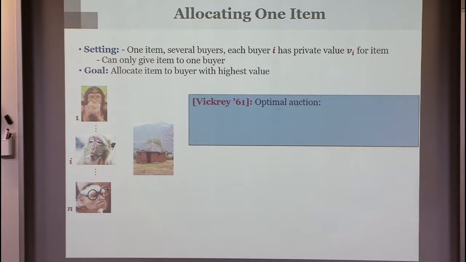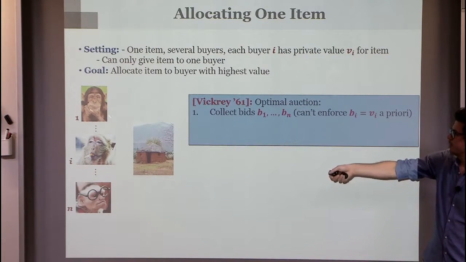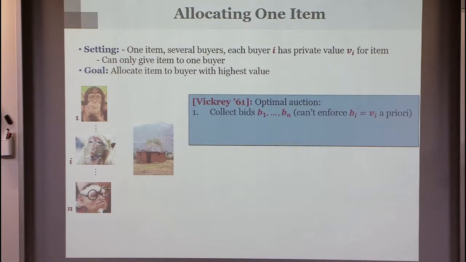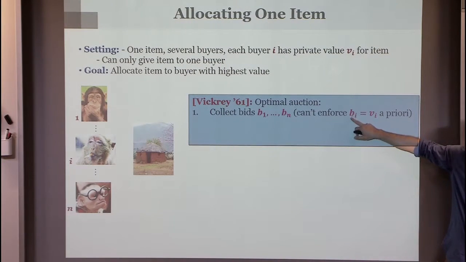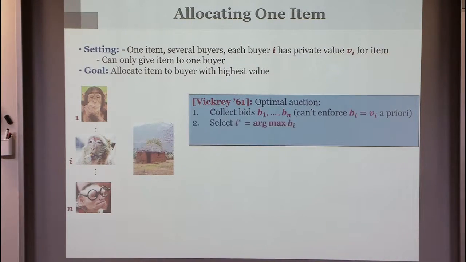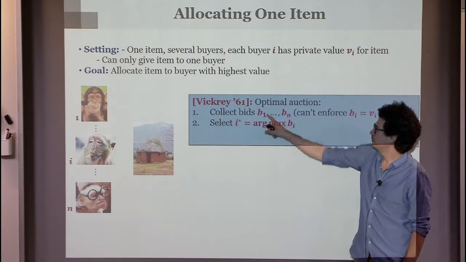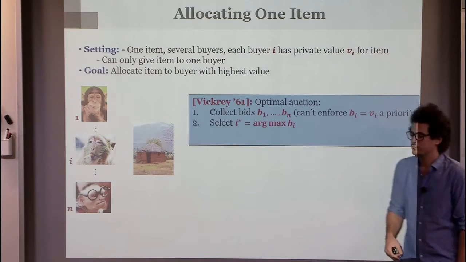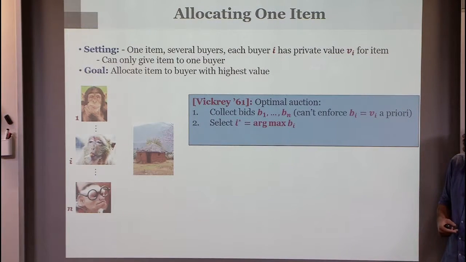So the well-known Vickrey Auction achieves this goal even without knowing the private values of the bidders, and it works as follows. You ask bidders to submit bids to the auctioneer. A priori, you cannot enforce that what they're going to say is the truth. Despite that, you treat these bids as representative of bidders' true values for the item.